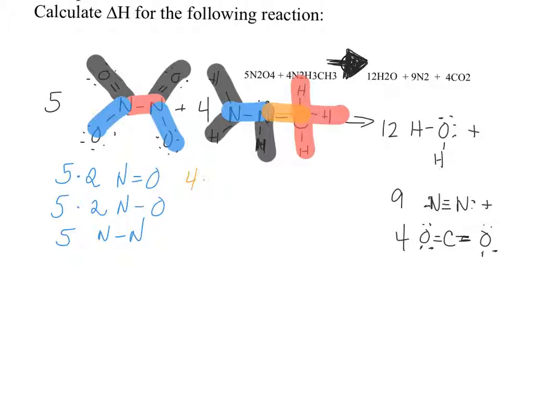4 times 3 NH bonds. I have 4 times 3 CH bonds. I have 4 times 1 of an NN bond and 4 times 1 of an NC bond.